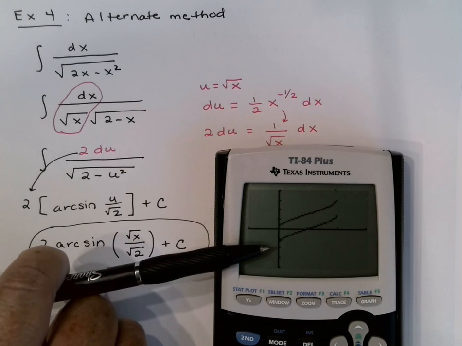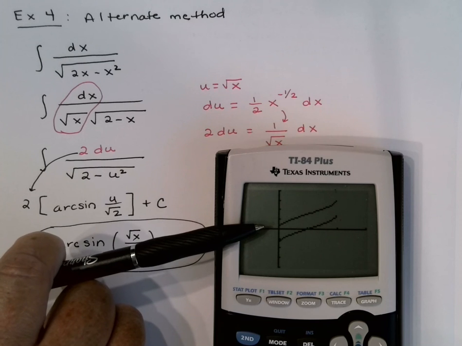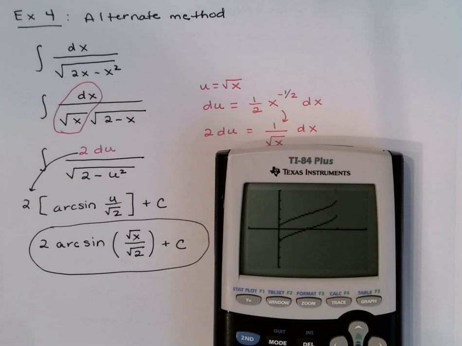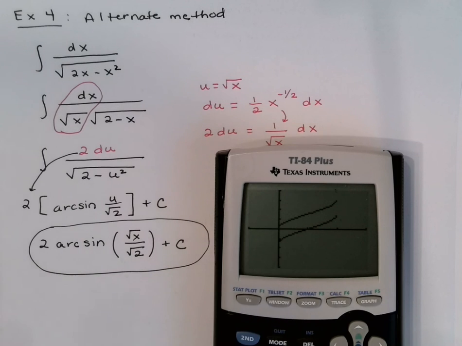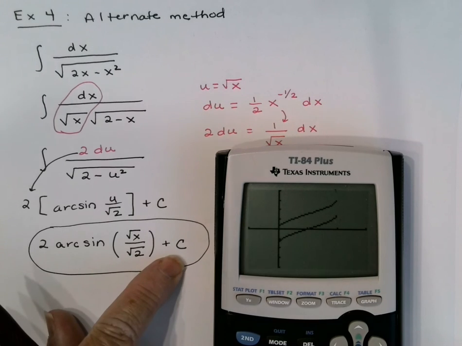Would you agree with me that those look like exactly the same graph, just shifted vertically? And what is a vertical shift? Isn't adding a different constant what causes a graph to move up or down? So these really are, even though they look very different, these really are the same function, differing only by a constant.